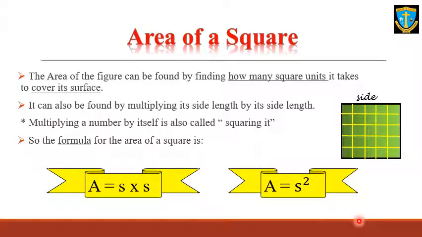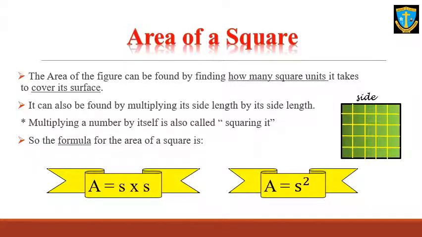Also you can write side square, S raised to 2. Side square means side multiplied by side, the same thing. So A can be written as A is equal to S squared.